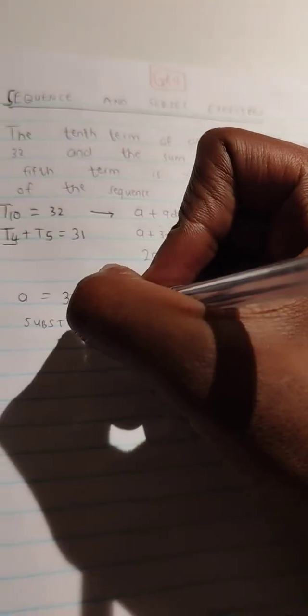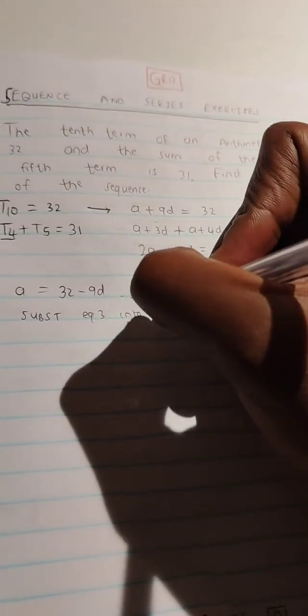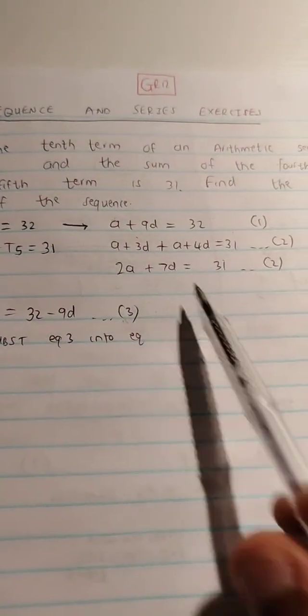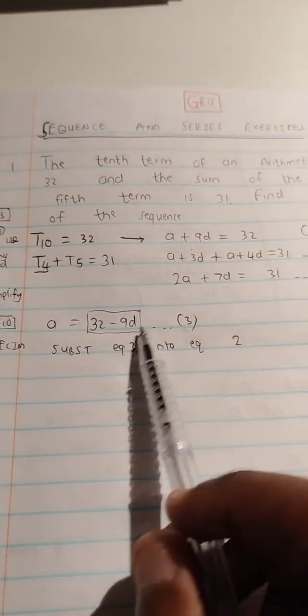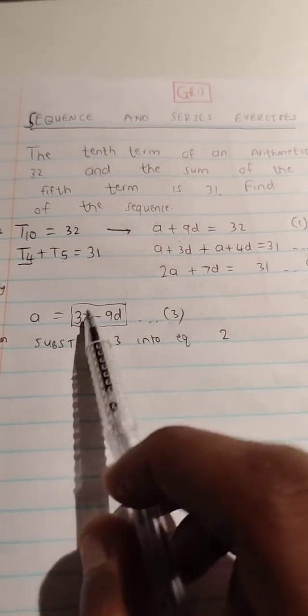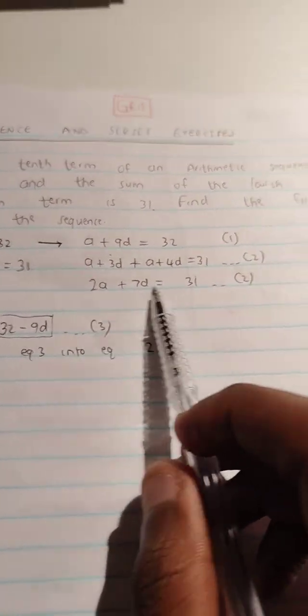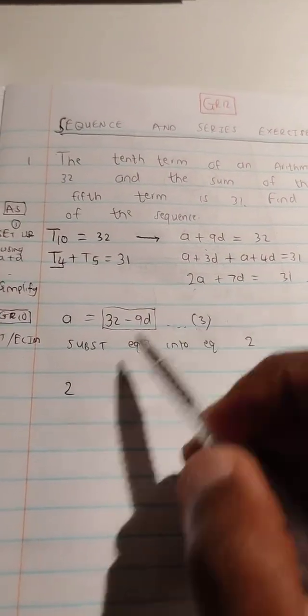Then what do I do after that? I substitute equation 3 into the equation that was not manipulated, equation 2. So where a is, in the place of a, I'm going to substitute 32 minus 9d in equation 2. So let's go: 2, followed by brackets in the place of a.